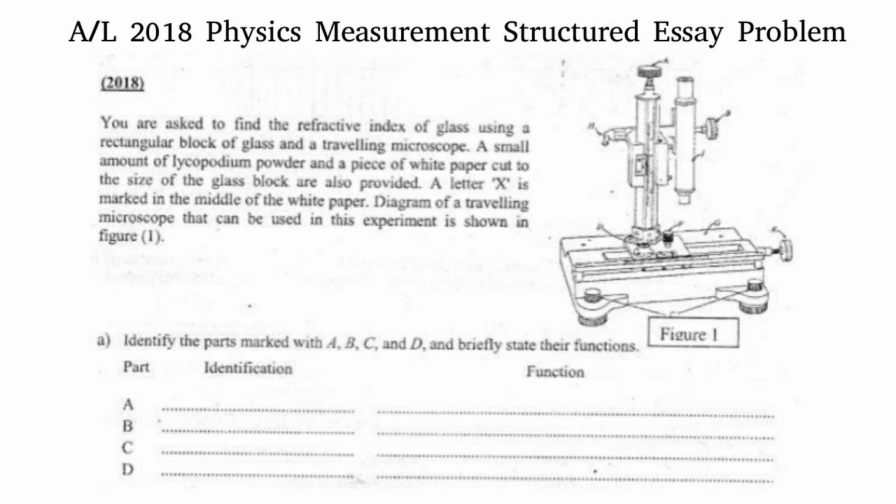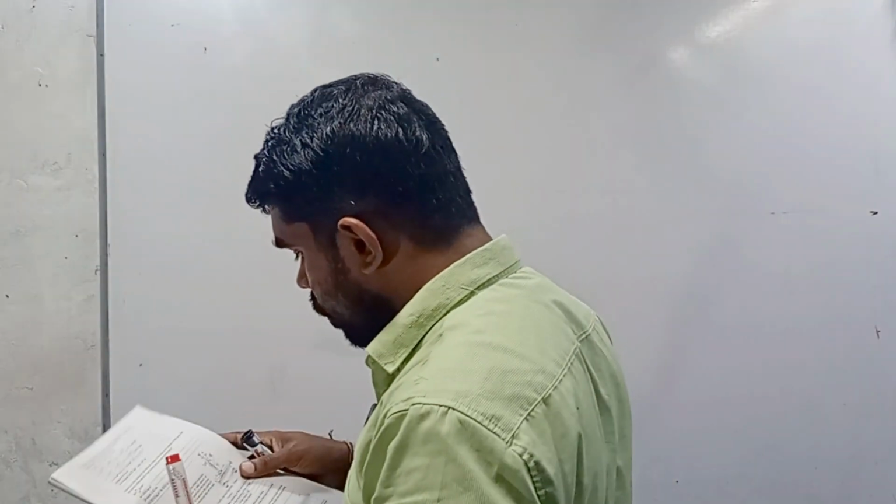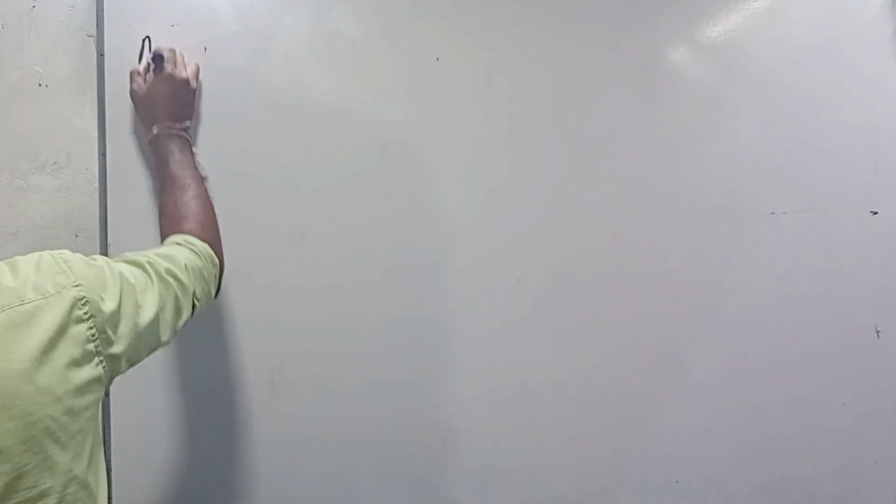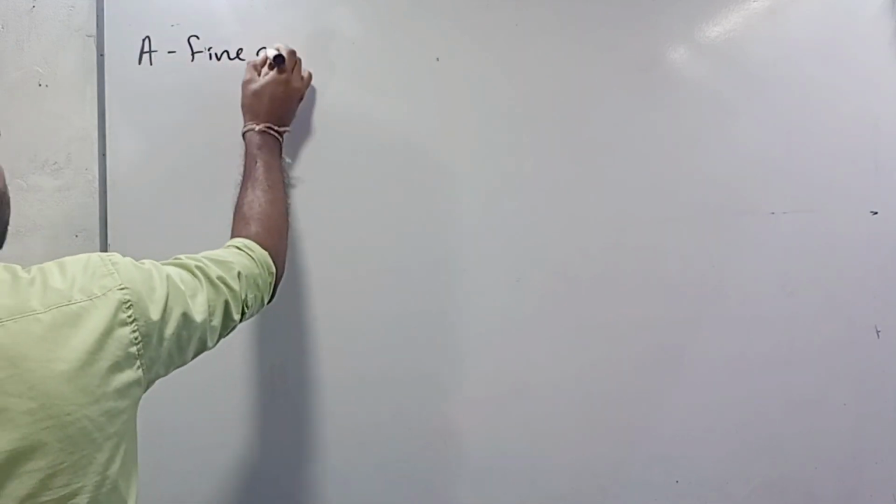A diagram of the traveling microscope that can be used in this experiment is shown in figure 1. Part A. Identify the parts marked with A, B, C and D. Briefly state their function. A is the fine adjustment knob. We can write vertical fine adjustment knob.